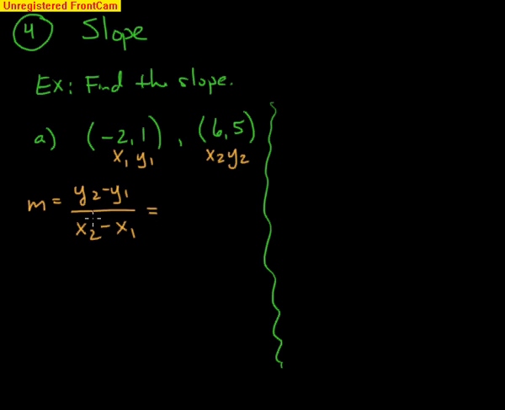Now we plug in the number with the corresponding variable. y2 is 5 minus y1 is 1. x2 is 6 minus x1, which is a negative 2.